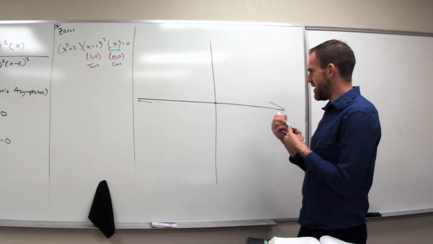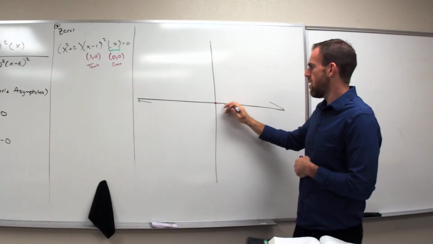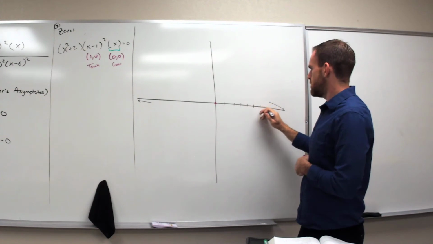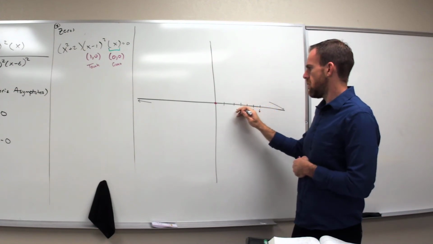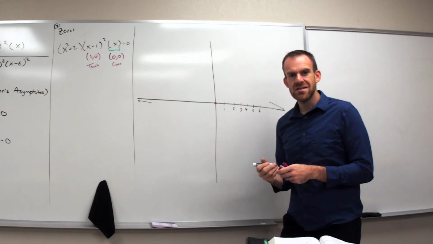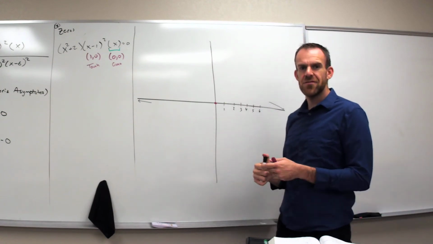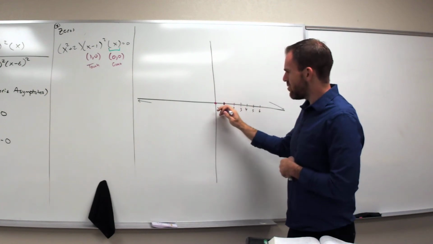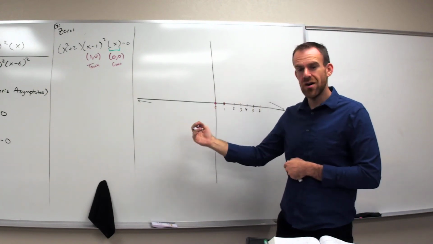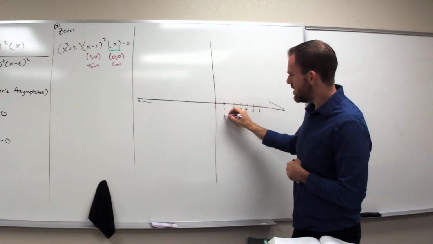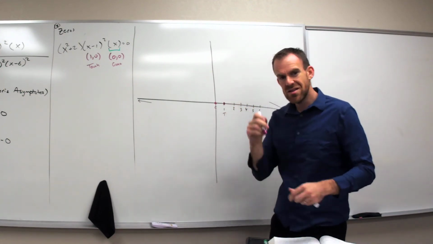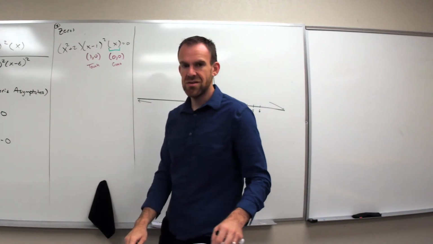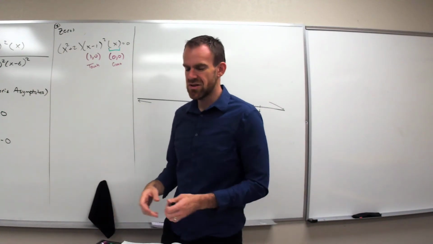So here at x equals 1, be careful not to label the y-axis because you really don't know the y values of this function, but you can label the x-axis. So this is a crossing 0. I expect the function to cross there. This is a touching 0. So I expect it just to touch there, like in x squared, where it touches the x-axis but doesn't actually cross it.